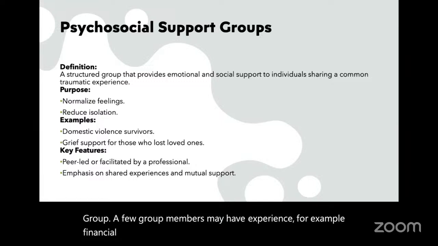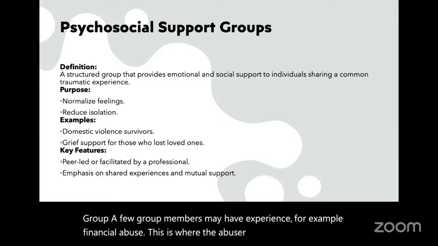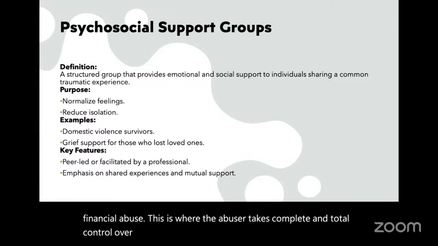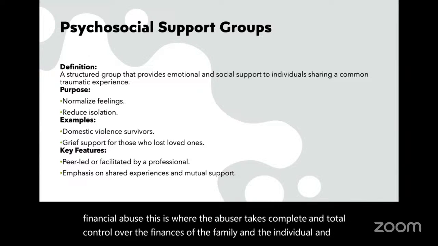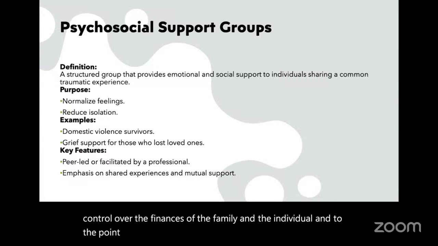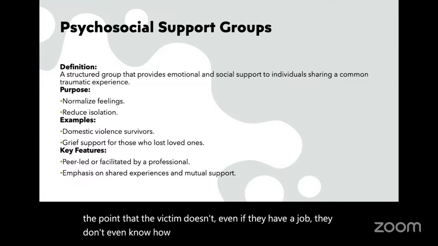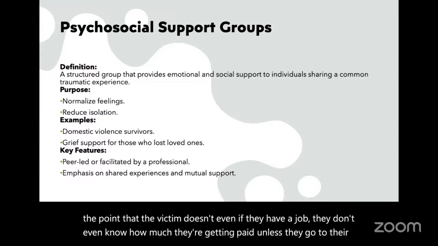This is where the abuser takes complete and total control over the finances of the family and the individual, to the point that the victim, if they have a job, doesn't even know how much they're getting paid unless they go to their HR department.